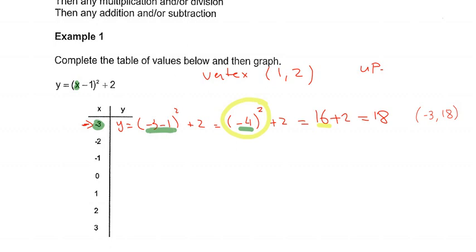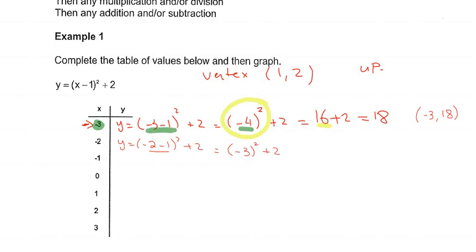Now let's put together the second point. So for x, I'm going to put negative 2. So you see how I replace the x with negative 2. So negative 2 minus 1, what do I get? Because I have to do the brackets first. So what's negative 2 minus 1? Negative 3.